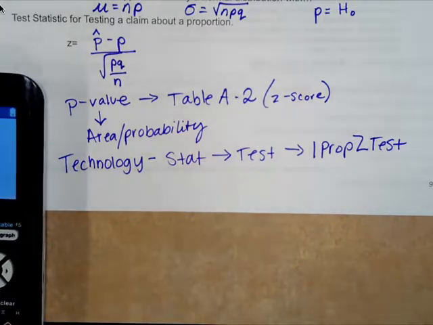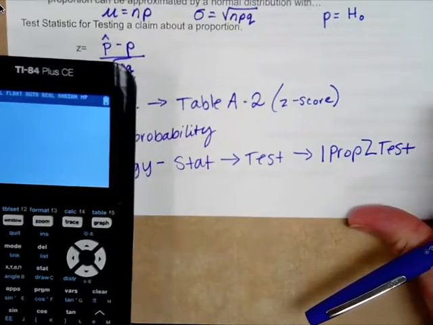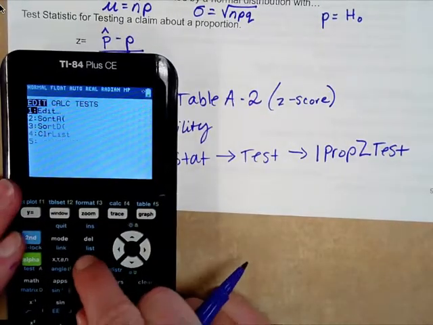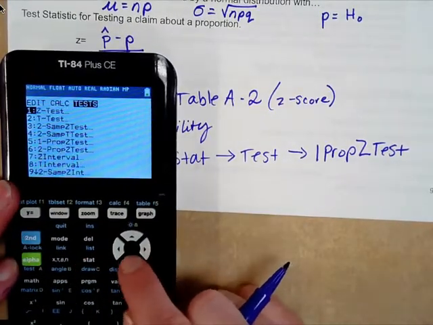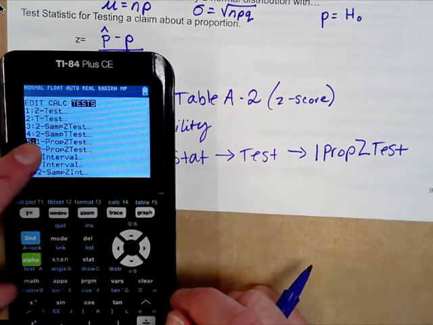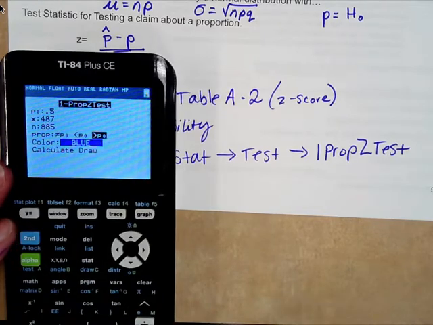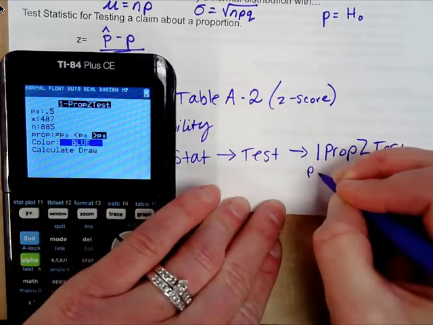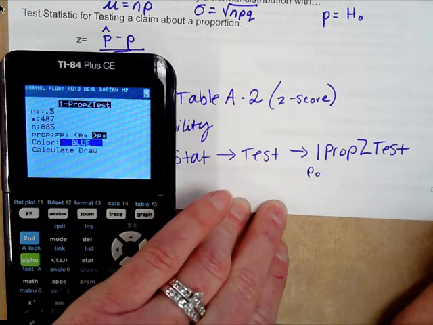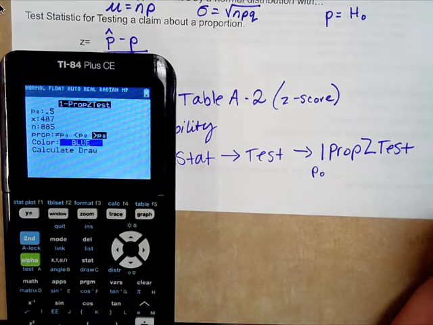So I just want to show you what the technology is going to ask for whenever we put that in. You'll go to Stat, over to Test, so one means one population, one proportion z-test. It's number 5. It asks for your p-naught. It's what we're looking at, the hypothesis. That's your null hypothesis.